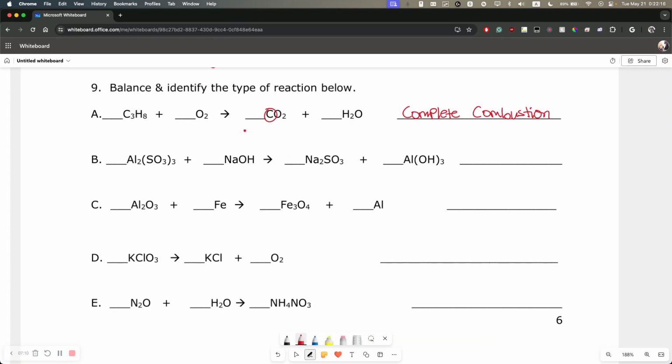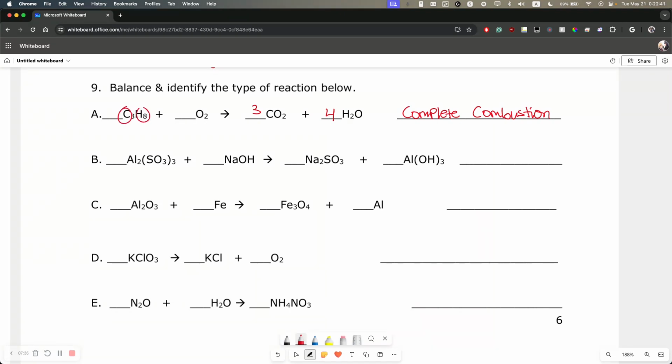On the right-hand side, we have 1, so a 3 has to go in front of the CO2. That changes the amount of oxygen as well, but we'll deal with that later. We have 8 hydrogens on the left-hand side of the arrow. We have 2 hydrogens on the right-hand side. So if we need to go from 2 to 8, we have to multiply this H2O by 4.